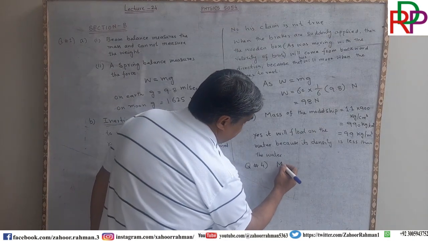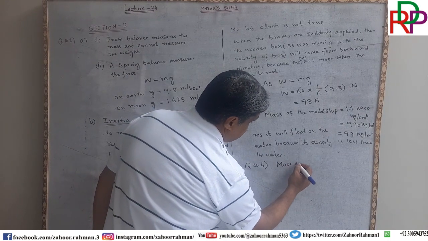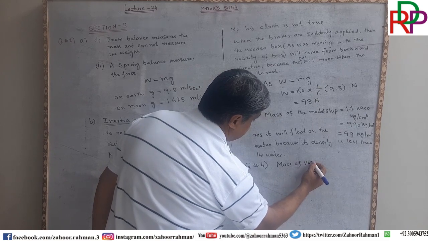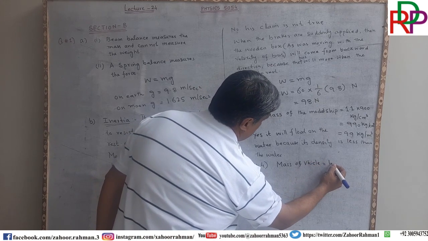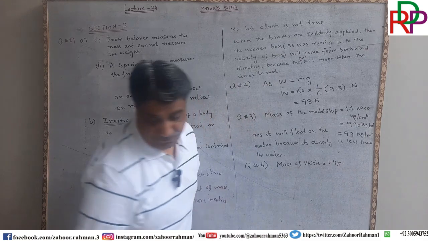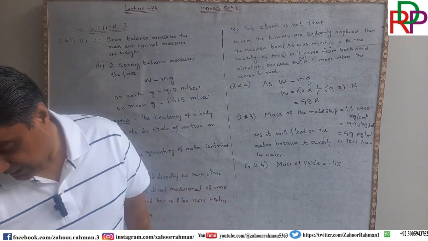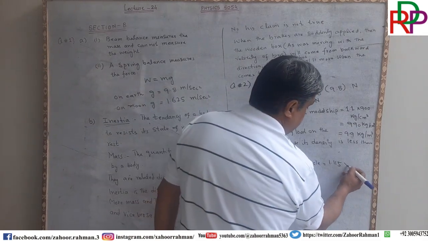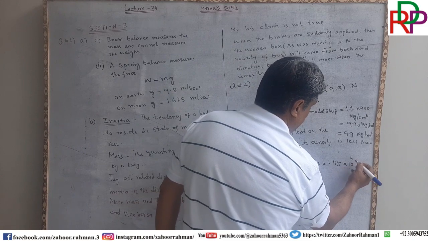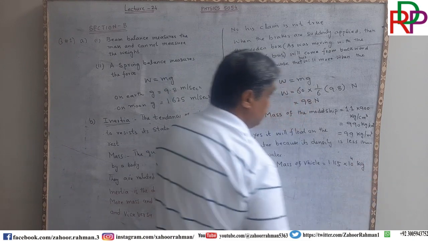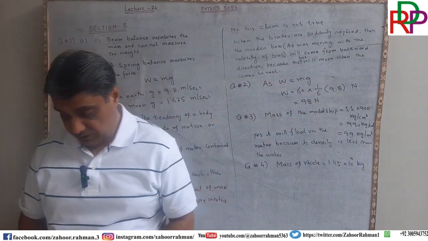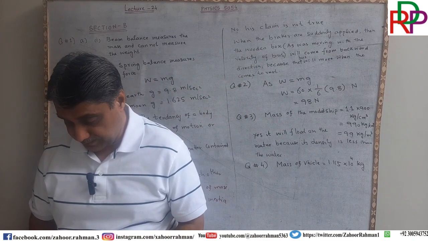So we are writing the data. Mass of vehicle is equal to 1.15 into 10 raised to the power 4 kilogram.